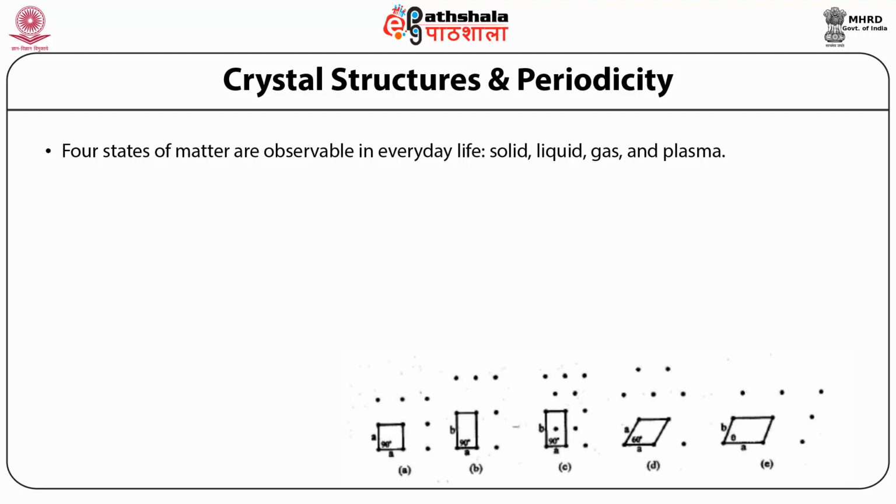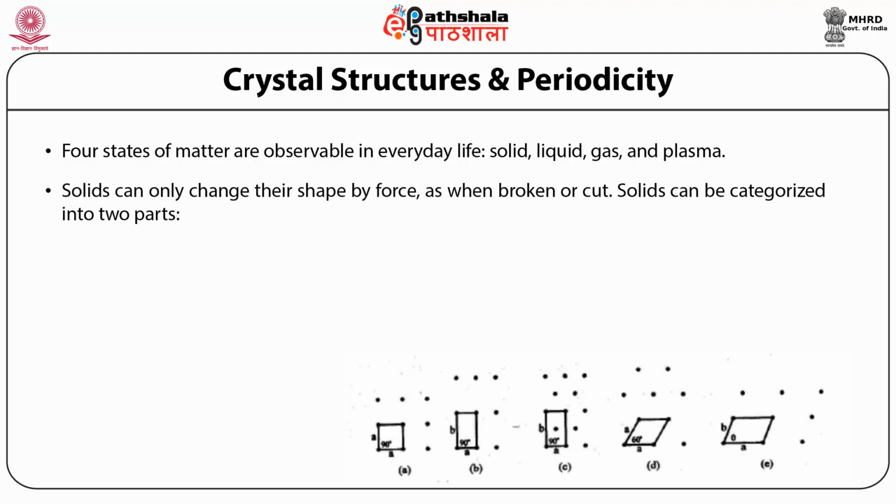The forces between particles are strong so that the particles cannot move freely but can only vibrate. As a result, the solid has a stable, definite shape and a definite volume. Solids can only change their shape by force, as when broken or cut.